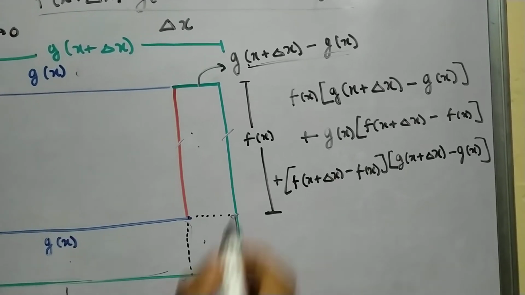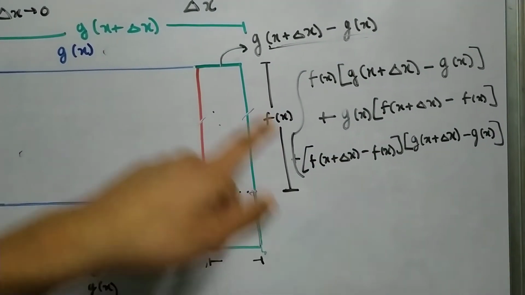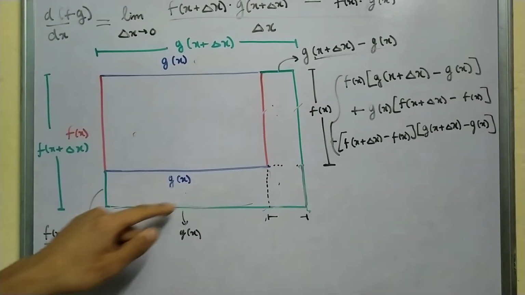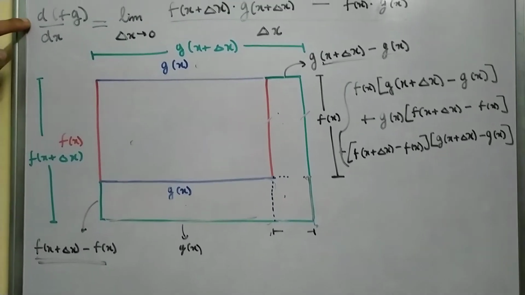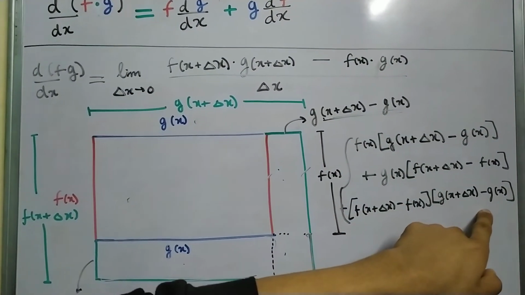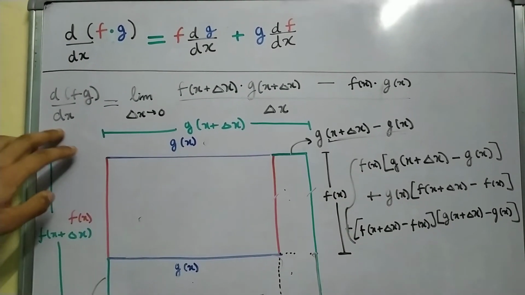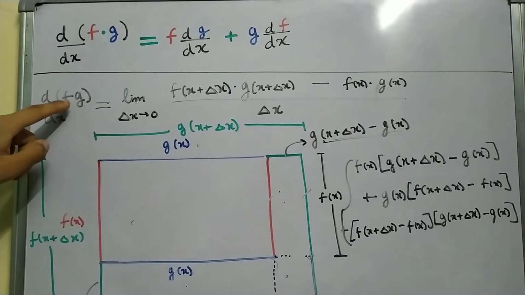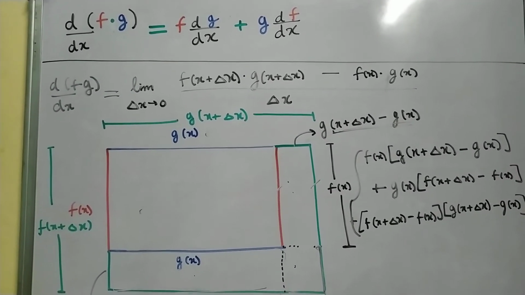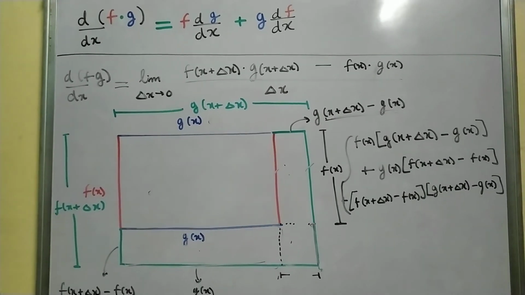So this is your numerator, the area having the green edge, and this quantity divided by delta x, and then we take the limit as delta x approaches 0, will give us the derivative of your f times g. So let me write this down in a different form.